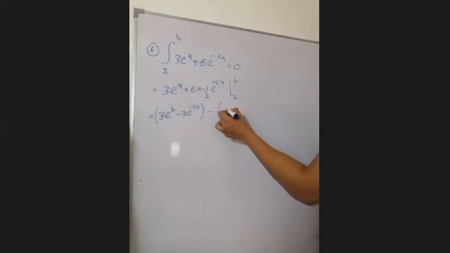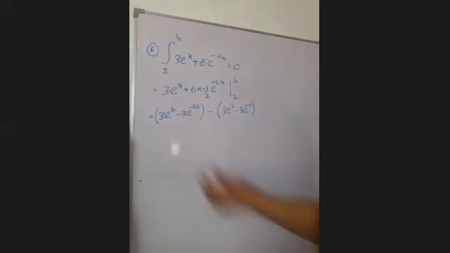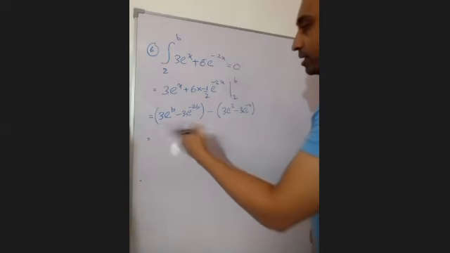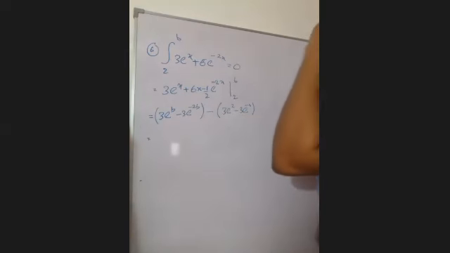Then the substitution of 2 gives minus 3e to the power 2 plus 3e to the power minus 4. You cannot do anything further.